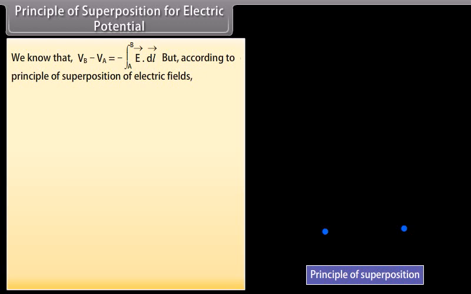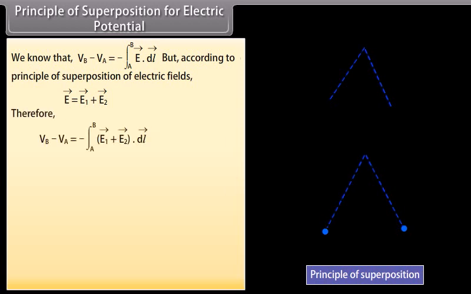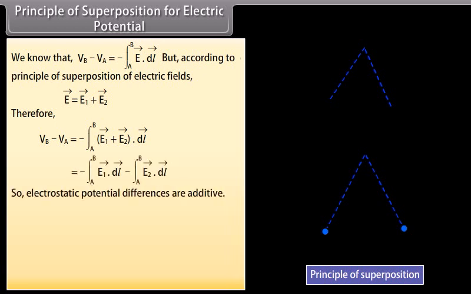But according to the principle of superposition of electric fields, E vector is equal to E1 vector plus E2 vector. Therefore, V_B minus V_A is equal to minus integration from A to B of E1 vector plus E2 vector dot dl vector. So, electrostatic potential differences are additive.